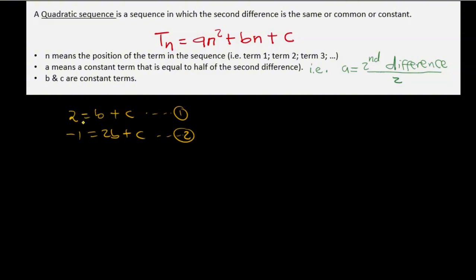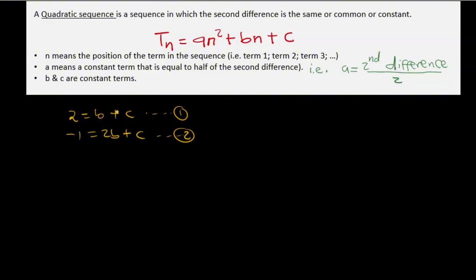But for this method, just make sure that the order of these two equations is the same. So it's a number and a number, equal sign, equal sign. The variables must be aligned. Doesn't matter what is in front.